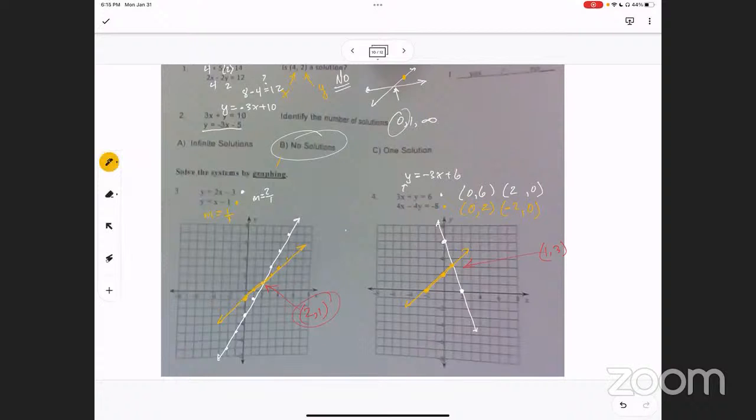This one was a little bit trickier because you'd have to divide both sides by negative 4. So this one would be negative 4y equals negative 4x minus 8. I had to subtract that. And now divide both sides by negative 4. y equals positive 2x plus 2.